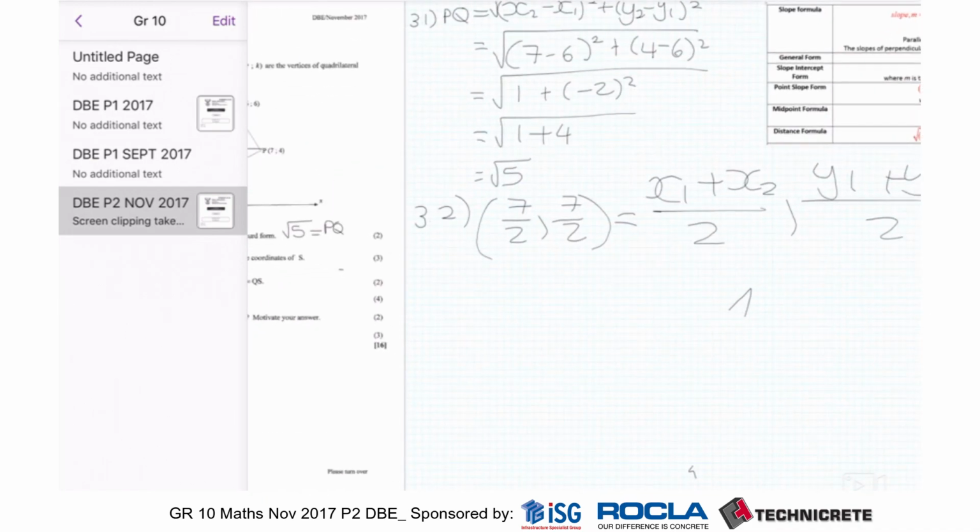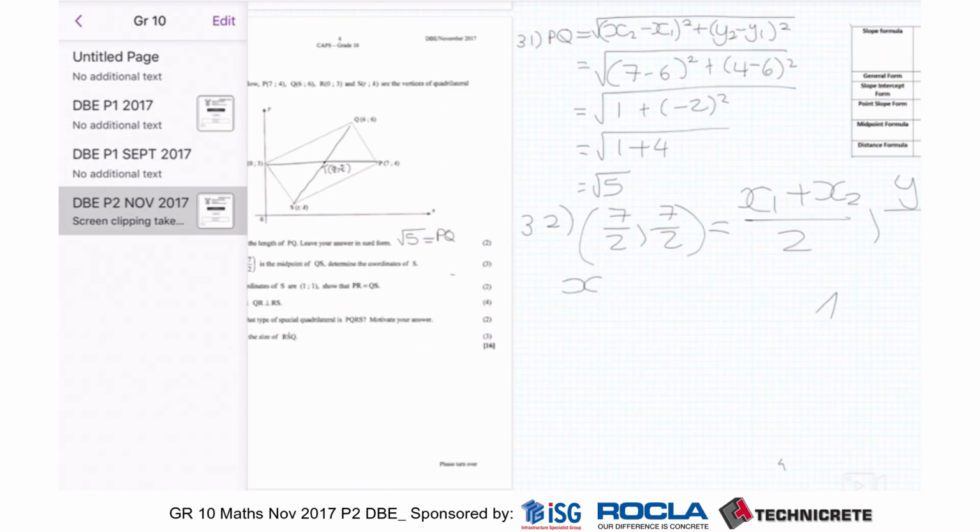But let's first work with the x's. So x1, which I know, which is Q, is 6 plus small t of S, over 2 is equal to 7 over 2. My ideology of the best method to solve this would be to just cross multiply.